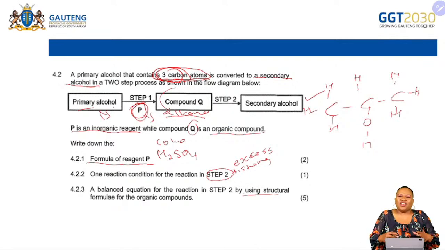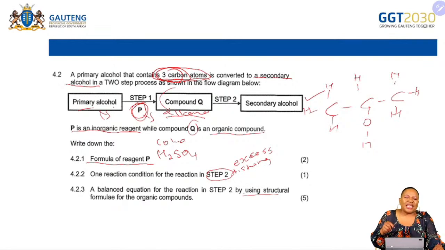What can give me a secondary alcohol? You know that our addition reactions will always give us secondary alcohols, because addition reactions follow Markovnikov's rule. So we just ask ourselves, how do I get a secondary alcohol? I need to add water to something.